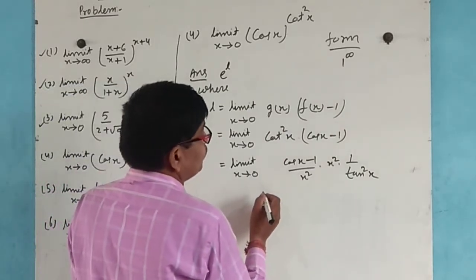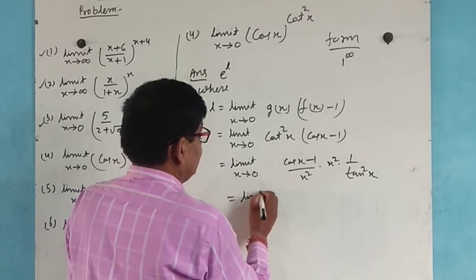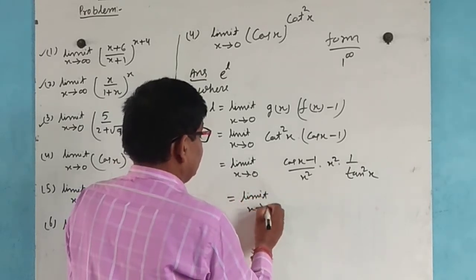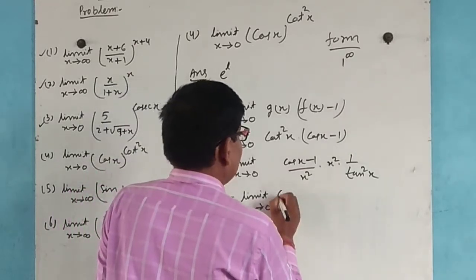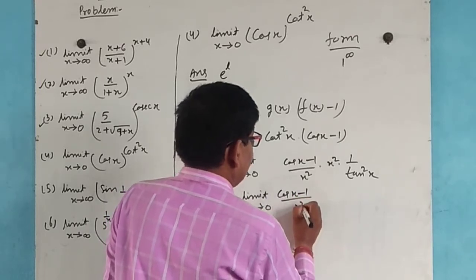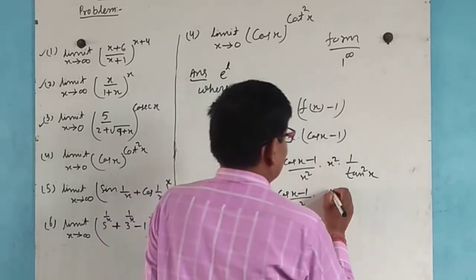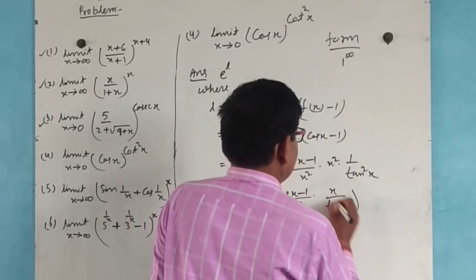Now limit x tends to 0 of cos x minus 1 divided by x square into x by tan x square.